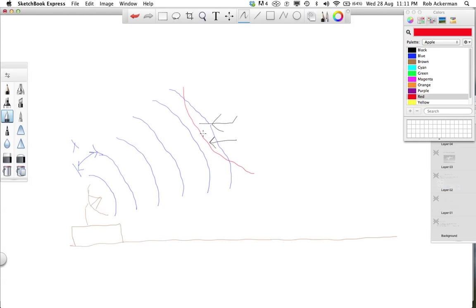However, each new wave bounces back from a closer position than the previous one because the plane, which is doing the reflecting, has moved closer. So these waves that are coming back are actually going to be closer together than the blue waves that were going out in the first place.